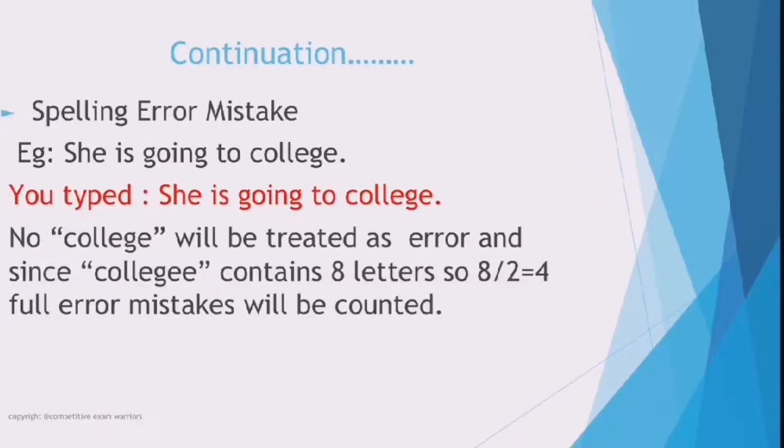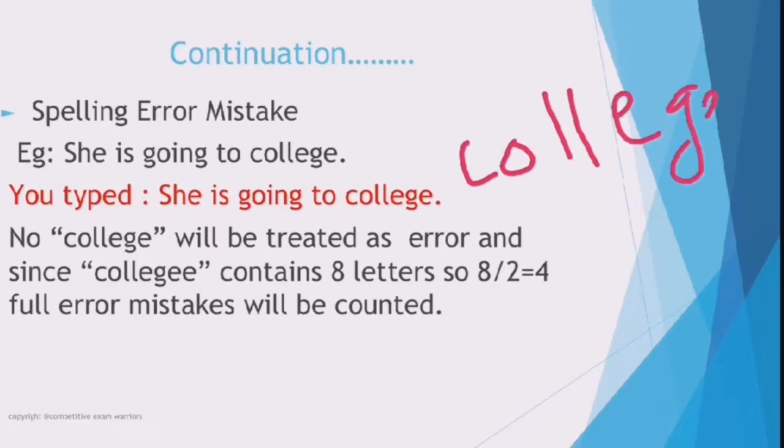Now coming to another category of mistakes, that is spelling mistakes, and this also comes under the half mistake category. Example: she is going to college. You typed "she is going to collegee". It has been auto corrected for me, I think.